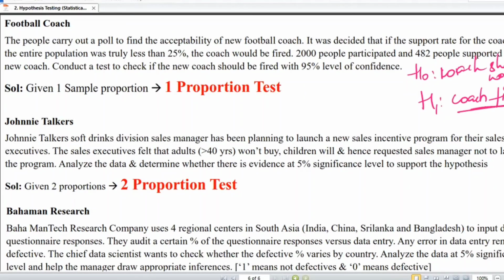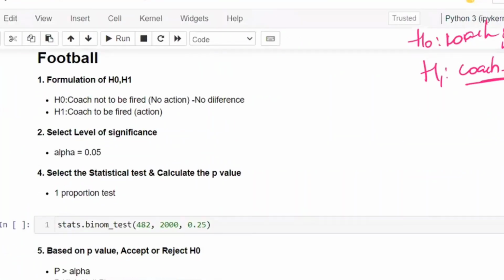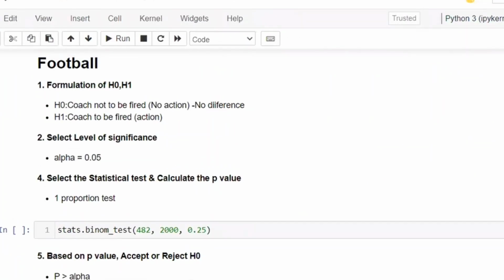Now they want to check whether to fire him or not. So the first one, the coach should not be fired, no action to be taken, is the null hypothesis. The action, that the coach should be fired, is the alternate hypothesis.